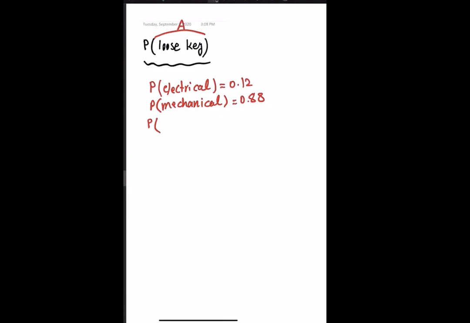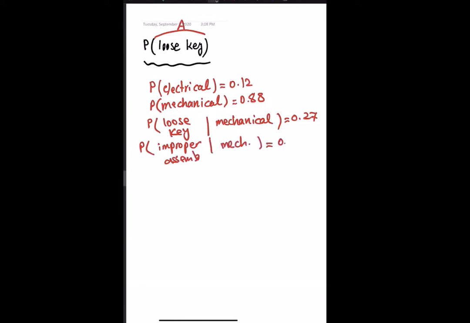So it's for sure mechanical. So given that it's mechanical, what is the chance that it is related to the loose key? 27%. How about the second part? It's improperly assembled, and it's 73%, given that it's mechanical.